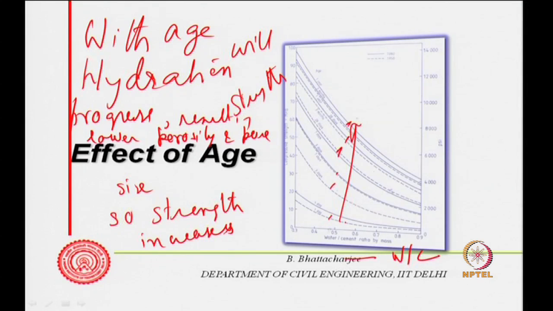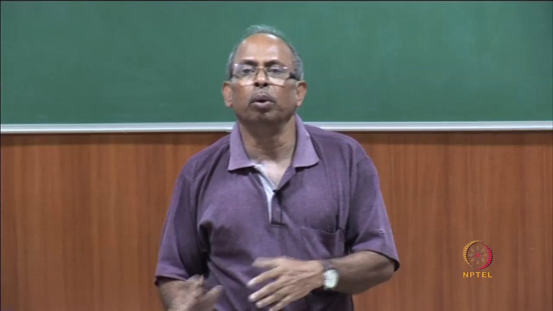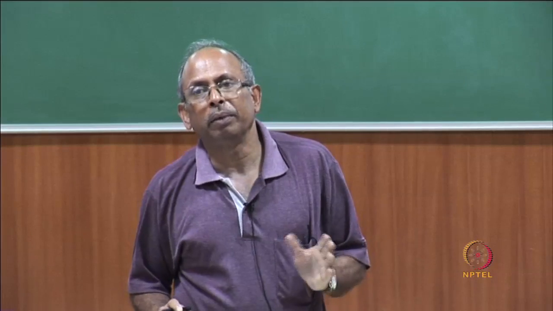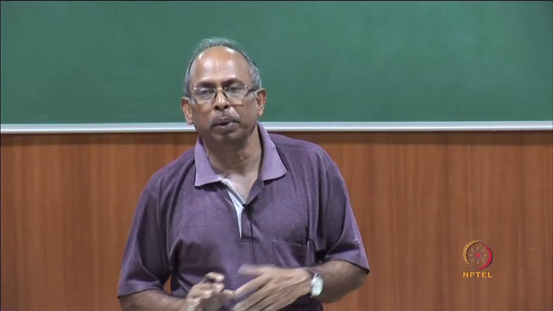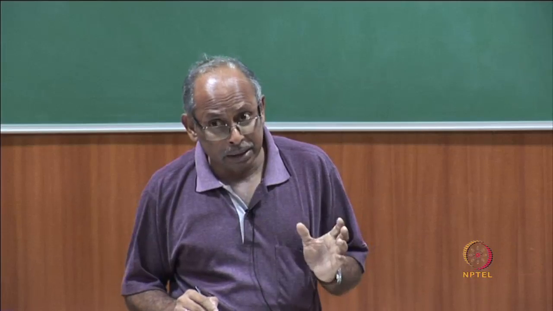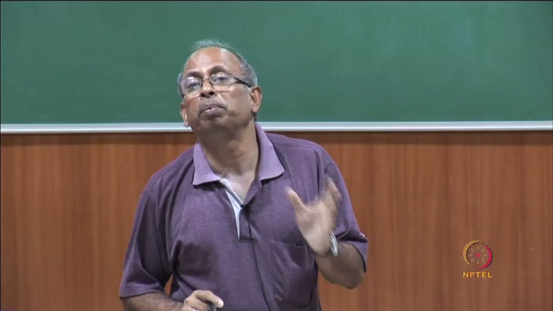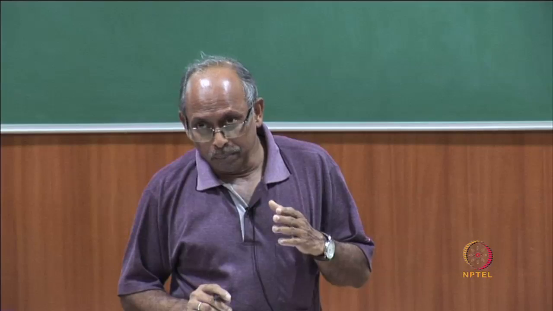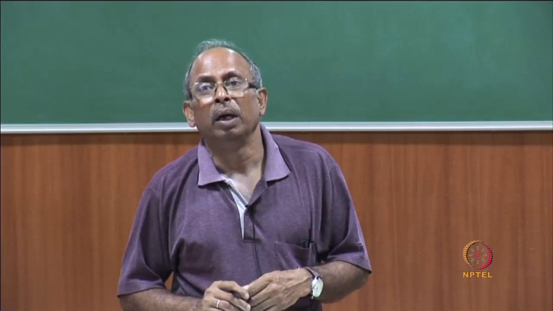Now, hydration itself is a function, of course, of water cement ratio, but as you can see, this effect is quite prominent in low water cement ratio, but even high water cement ratio is also fairly prominent. Low water cement ratio hydration possibility is actually more, but then of course, there is a range beyond which, 0.4 we are talking of, 0.3 we are talking of, full hydration is never possible, but does not matter. We have discussed this sometime earlier, that full hydration is not possible below certain water cement ratio, right, but does not matter.